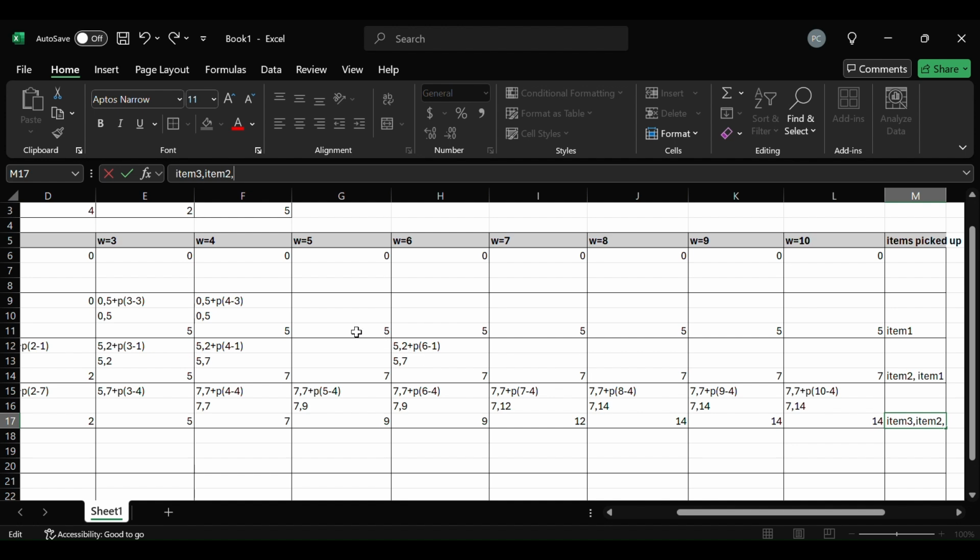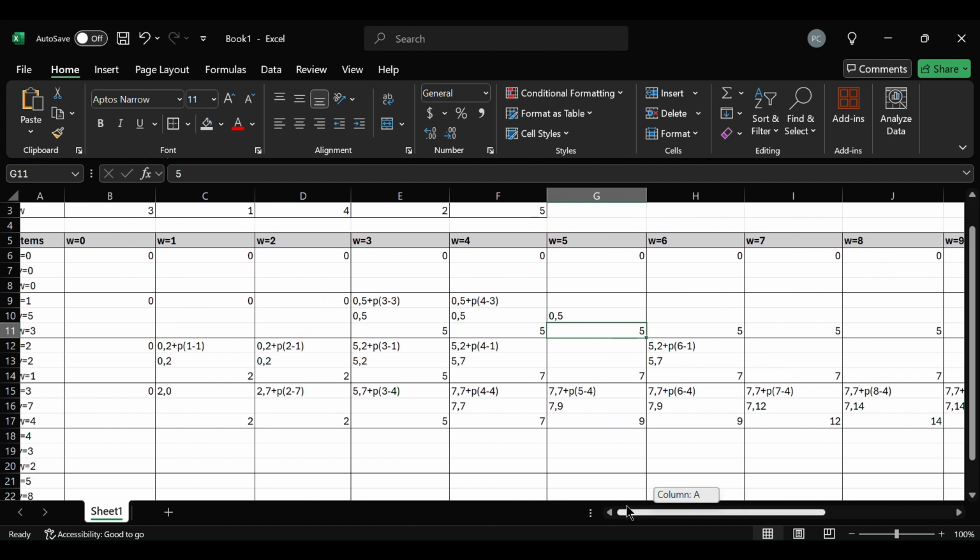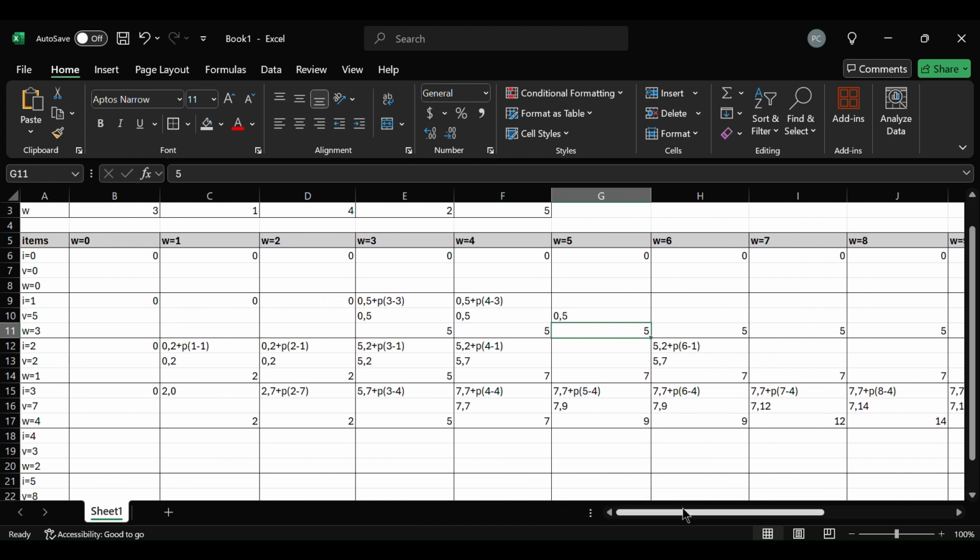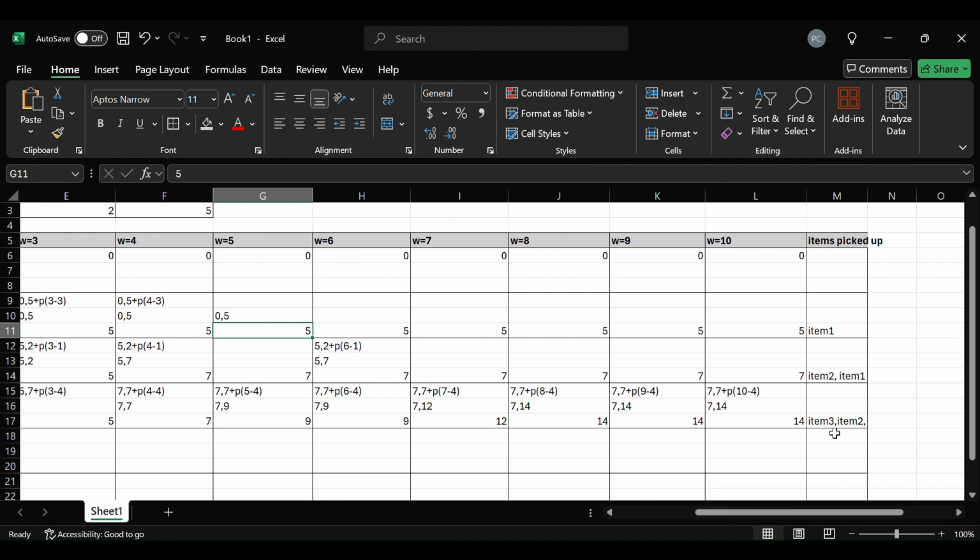So that is here. Here we are saying, okay, pick up the item, right? Because it's between 0 and 5. If you do the working and you fill up the cells, you'll see that the decision here is pick up, and that would mean we are picking up this item number 1.